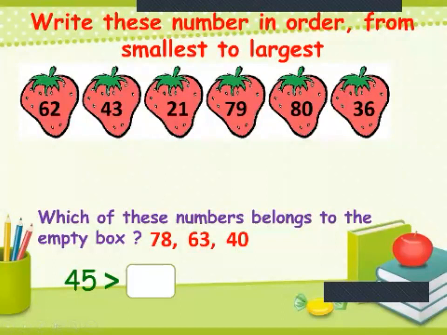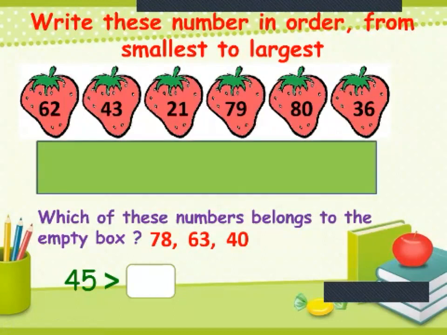Yes. Write these numbers in order from smallest to largest. These are the numbers you have to arrange from smallest to largest. There are numbers 62, 43, 21, 79, 80, 36. You have to see the small number.